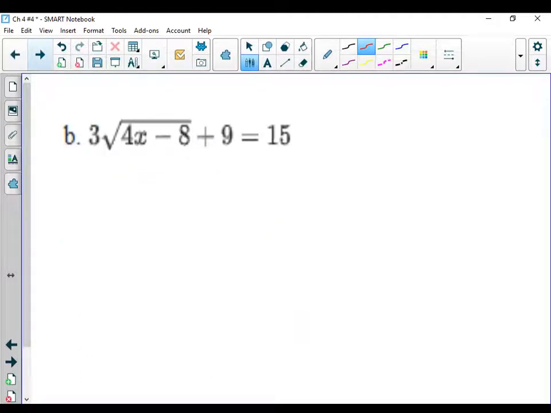All right, on part B, this time they threw a square root at us. Whenever you see that square root, really your goal is, how can I get that square root isolated? So that's my goal, is to get that square root of 4x minus 8 by itself. Well, I can do that in a couple steps. One of them is I can subtract 9.